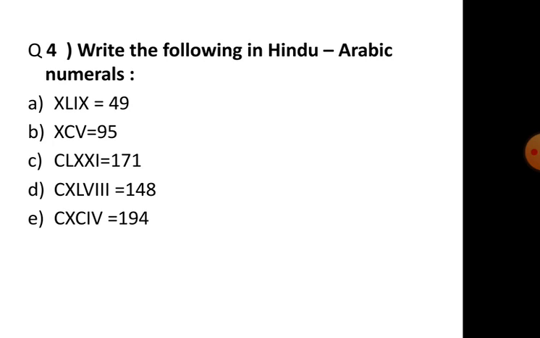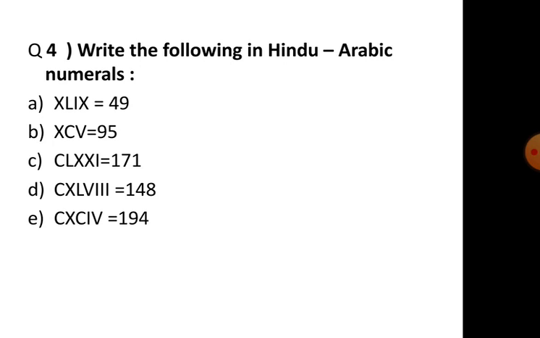Next CLXXI. C means 100, L means 50. So 10, 10, 50, 60, 70, I means 1, 171. Then next is CXLVIII. So C means 100, XL.